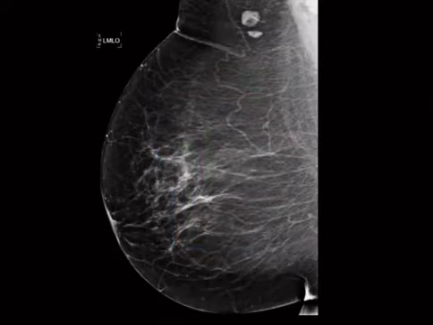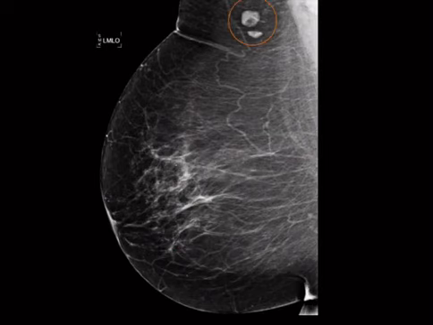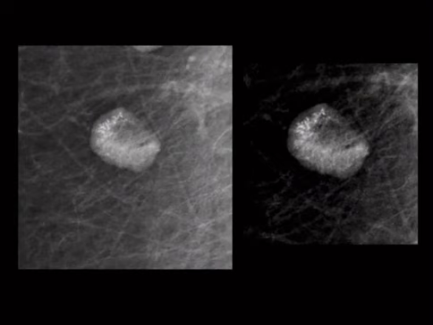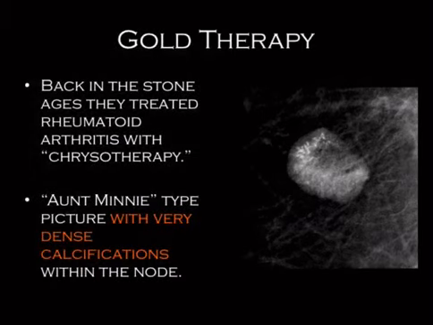All right, one more case here. So we've got a lymph node. Take a closer look at this lymph node, and we can see that it has multiple hyperdense punctate calcifications or areas of mineralization. And this is classic Aunt Minnie for gold therapy.